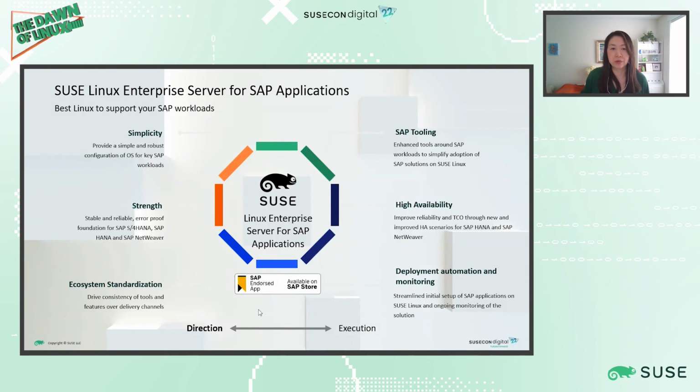For example, Trento also includes checks on the Azure cloud infrastructure based on the known issues and solutions that we have discovered in real time, in actual customer environments. And SLES for SAP applications is a SAP-endorsed app and also available in the SAP store.